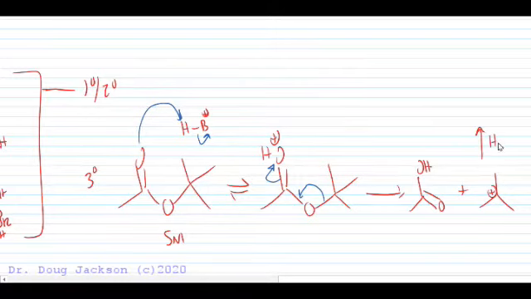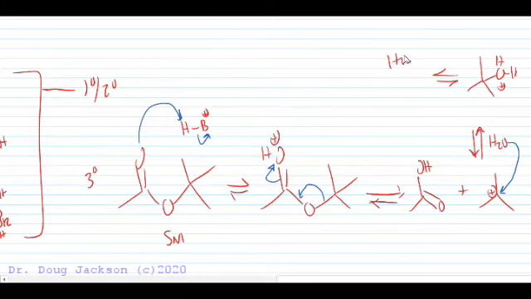At that point, we have a water molecule that adds here, and we're still reversible at this point, and we form a protonated alcohol, which would then be deprotonated by solvent, base from solution, to form a tertiary alcohol.